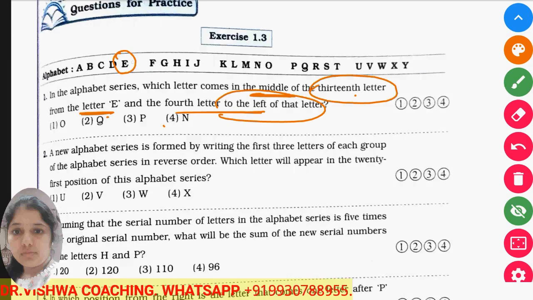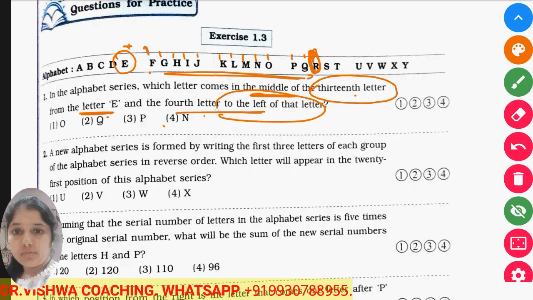So E is here. So the 13th letter from E: 1, 2, 3, 4, 5, 6, 7, 8, 9, 10, 11, 12 and 13. In the series, the 13th letter from E, starting from F, is R. Okay, so R is the 13th letter from E. Now one end we got.